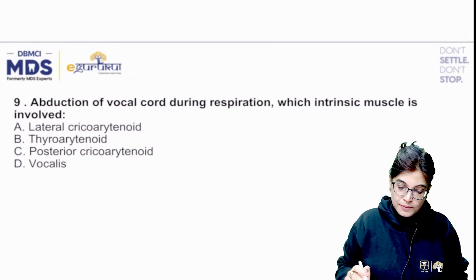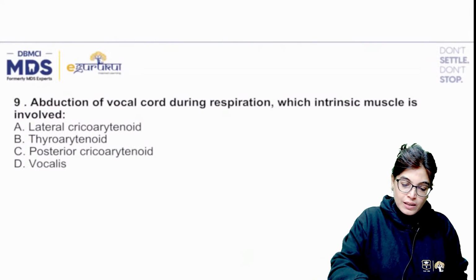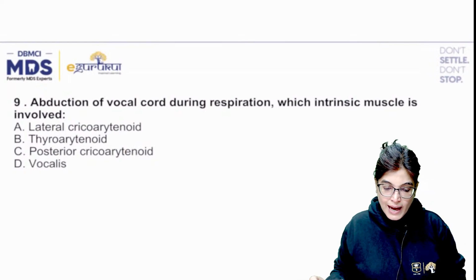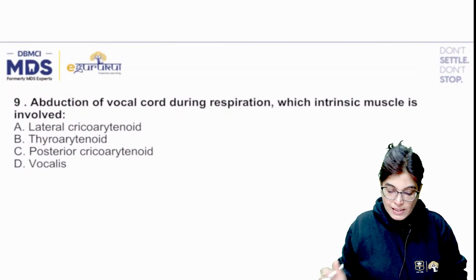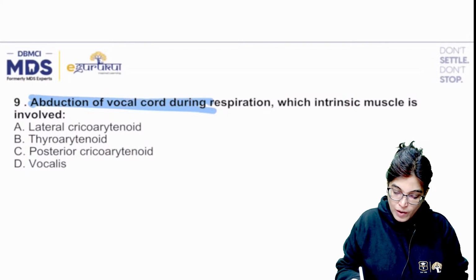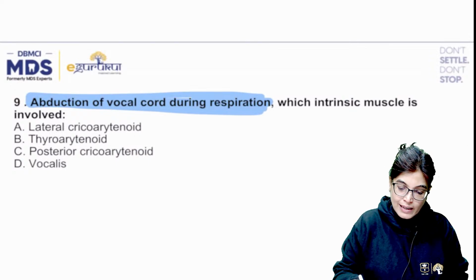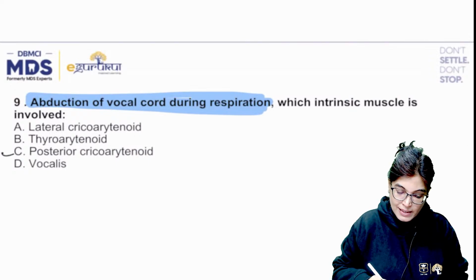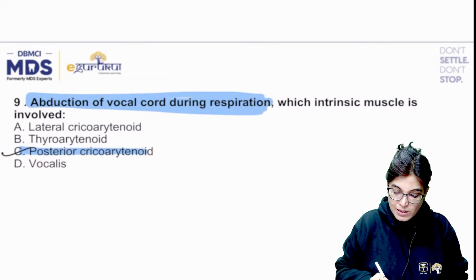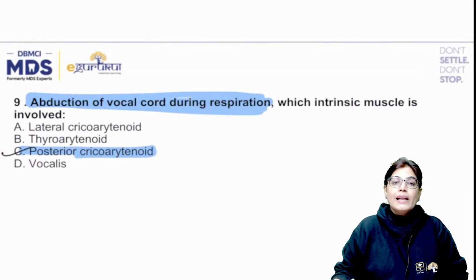So here the action which has been asked is abduction of the vocal cord during respiration, and we have to mark the right answer. Definitely the right answer, most of you have given the right answer, is posterior cricoarytenoid, because it is the only abductor of the larynx.